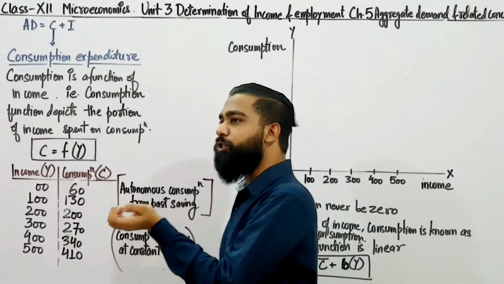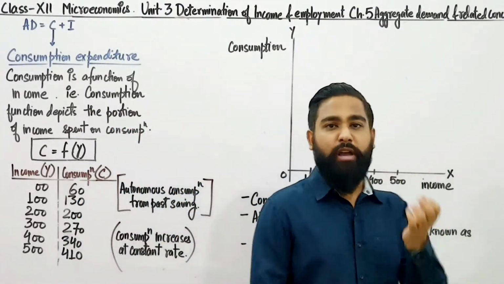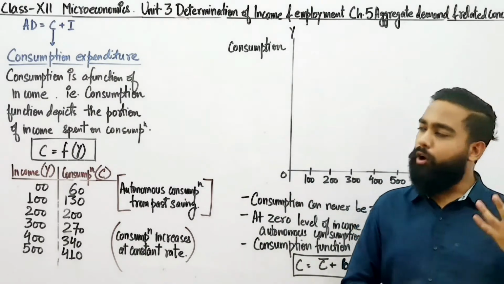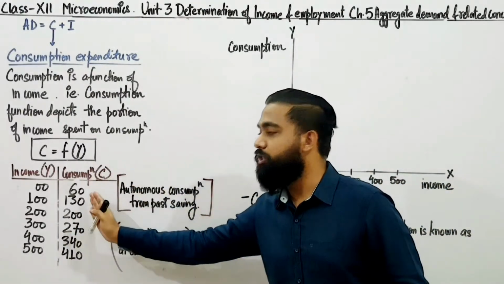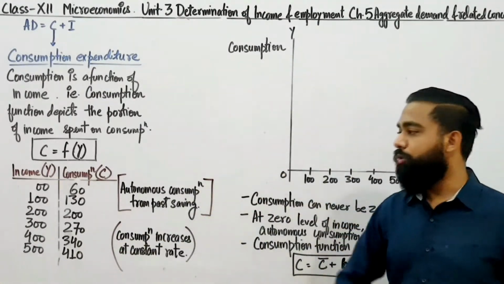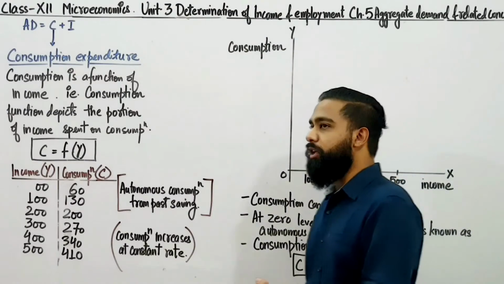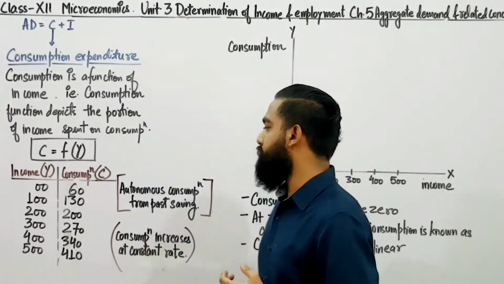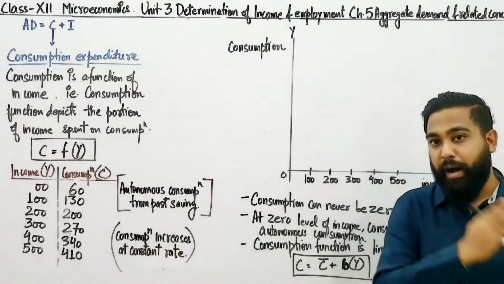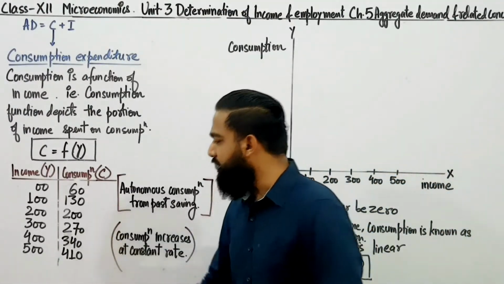Before your income was zero, you were having some sort of income, out of which you saved some portion, and that's how when your income is zero, you are still consuming something. That is known as autonomous consumption. At zero level of income, whatever you consume, that is your autonomous consumption, which is done from the past saving or previous saving.